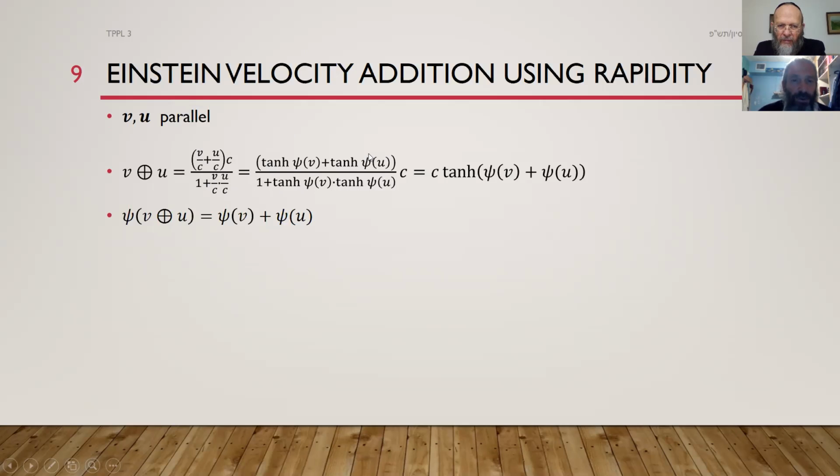And this is exactly the formula for the hyperbolic tangent of a sum. c stays outside. And now we can see that if you take the rapidity of this sum, you'll get exactly the regular sum of the rapidities.